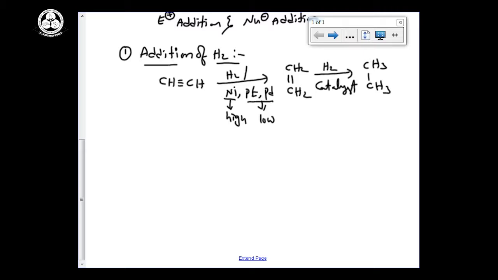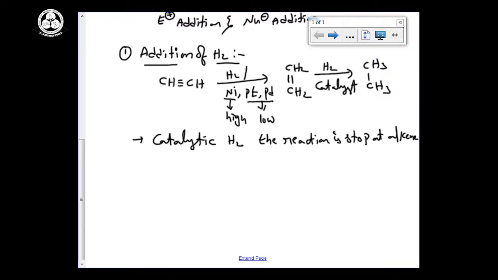For suppose, in catalytic hydrogenation, moreover the reaction is stopped at alkene. We can get the cis alkenes.